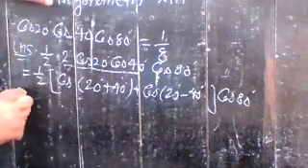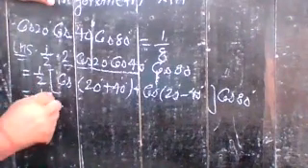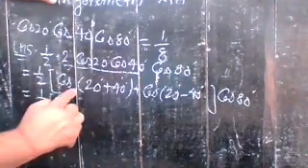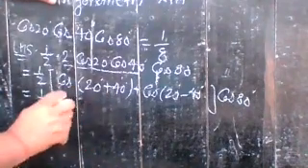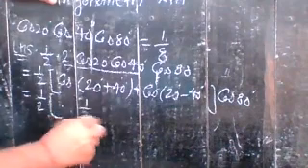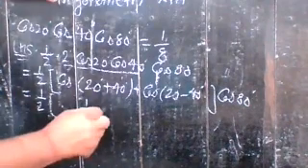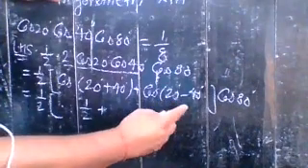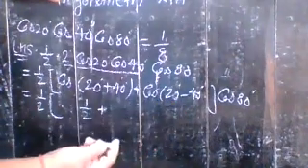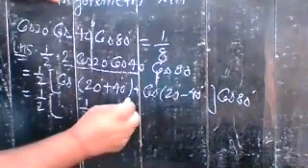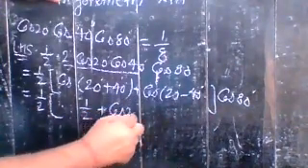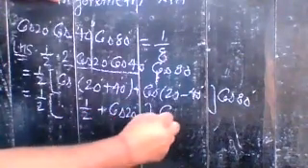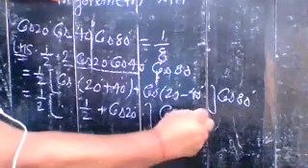Then here you have 1 by 2 cos 60, and the value of cos 60 is 1 by 2. So write here 1 by 2. Here you have 20 minus 40 means minus 20, and cos of minus x is equal to cos x. That's why you write cos 20 into cos 80 degree.